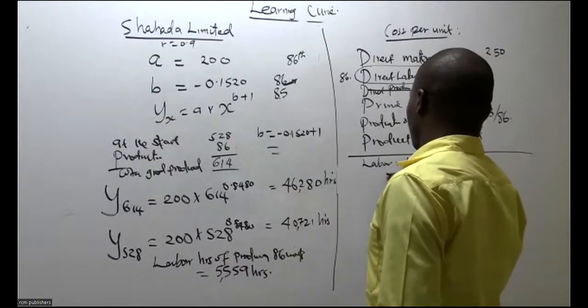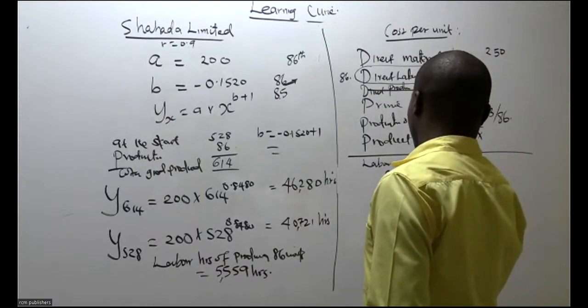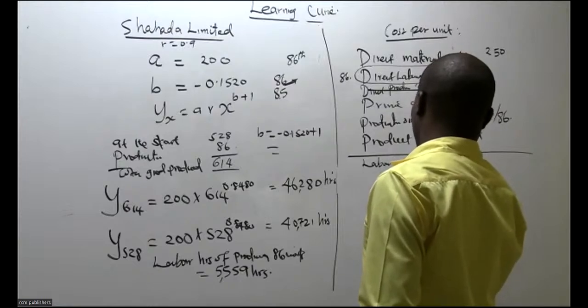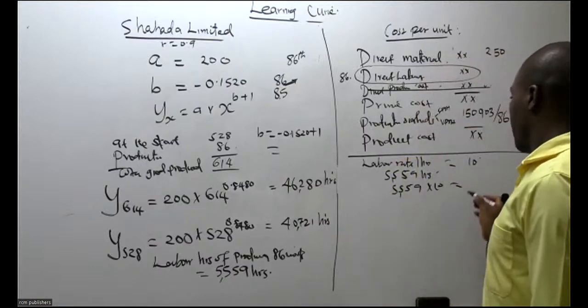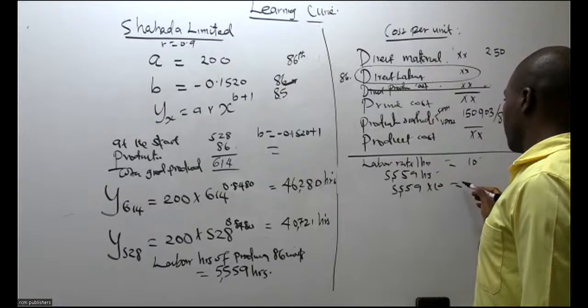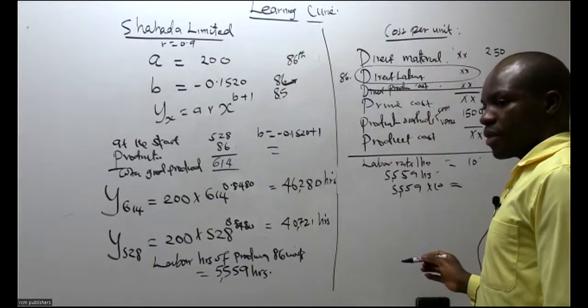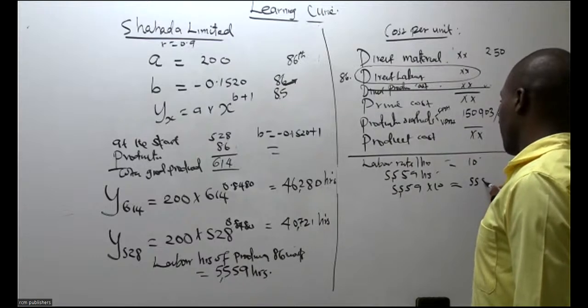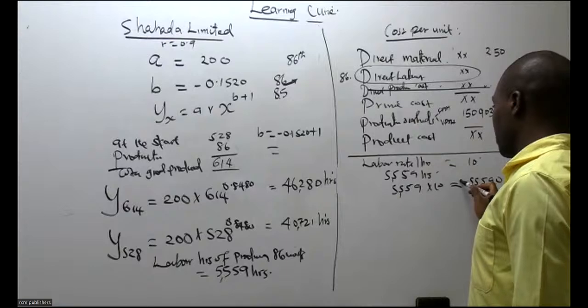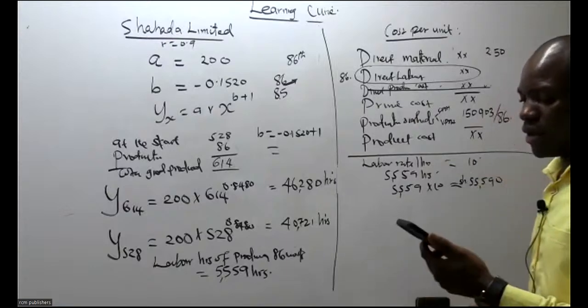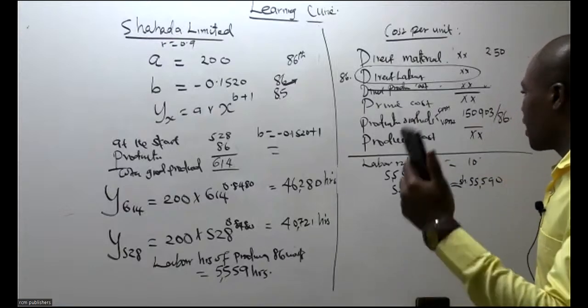Then we have a total of 5,559 hours. What do we have? 5,559 times 10 gives 55,590. Now not hours, but shillings. That is the total labor cost.